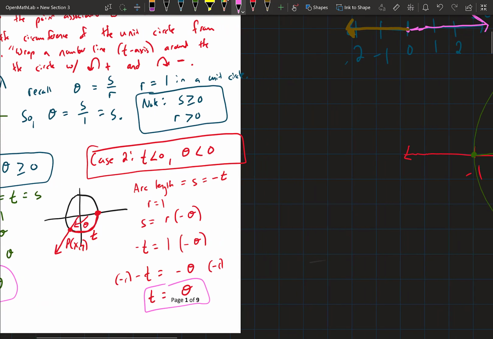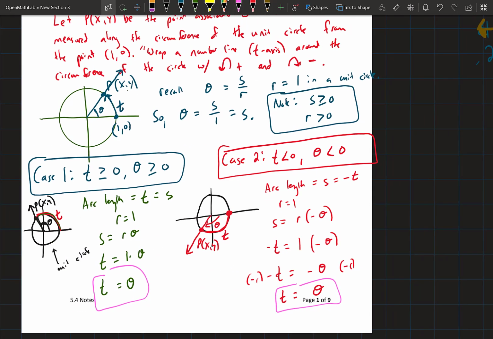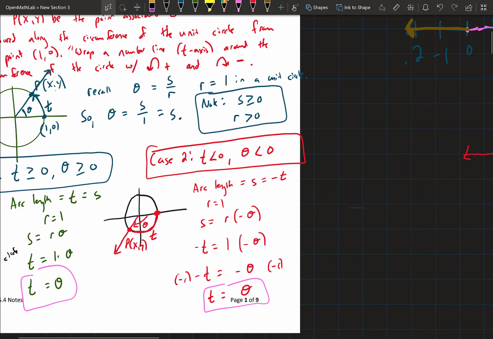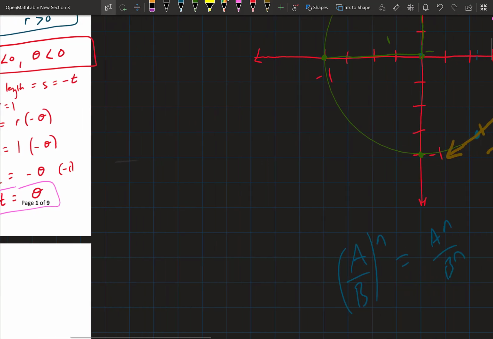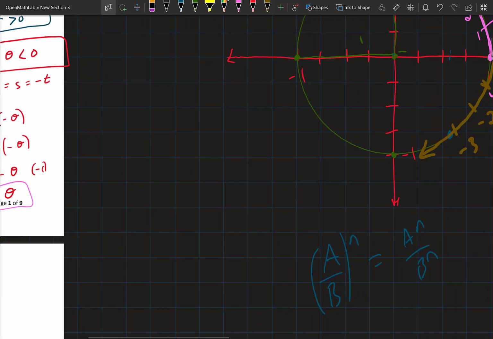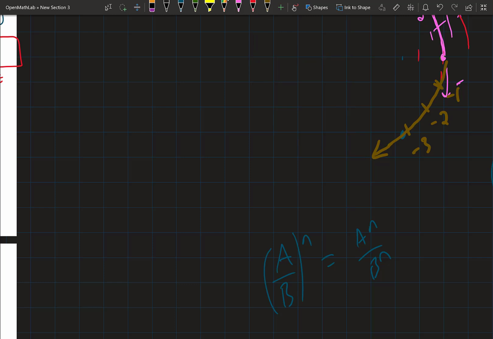So that's going to be helpful to us. All right, so let me make some room here off to the side. So I want to write out these 6 trig functions.